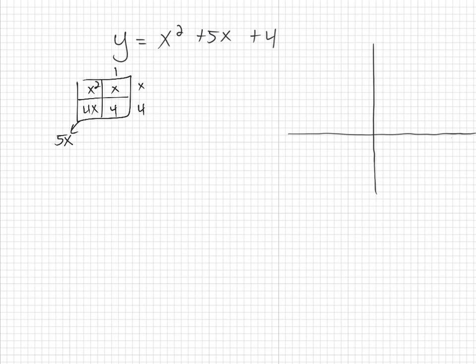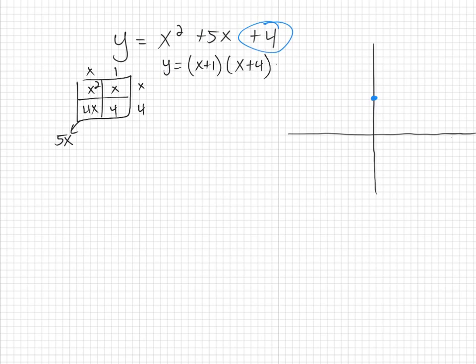I can pull out the values that I need to. So the factored form of this is x plus 1 times x plus 4. And so here, right off the bat, I get my y-intercept. My y-intercept is 4. 1, 2, 3, 4. I'm going to plot my y-intercept.